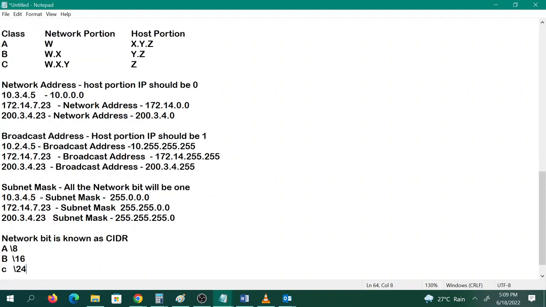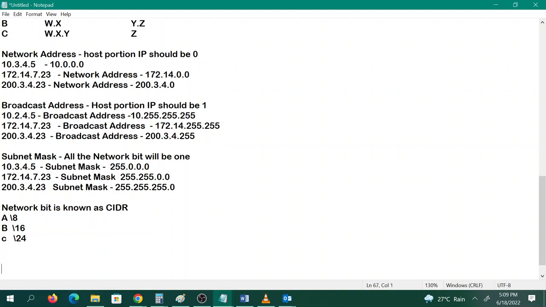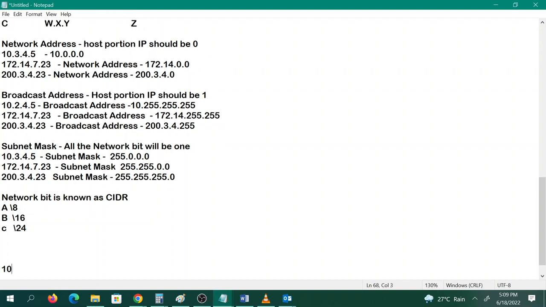So we have seen the network address, broadcast address, subnet mask, and network bits, CIDR. Now, what will be your usable IP addresses? Usable IP addresses have to be decided between the network address and the broadcast address. Suppose I check for one IP, 10.3.4.5, and you want to know the usable IPs for this series.